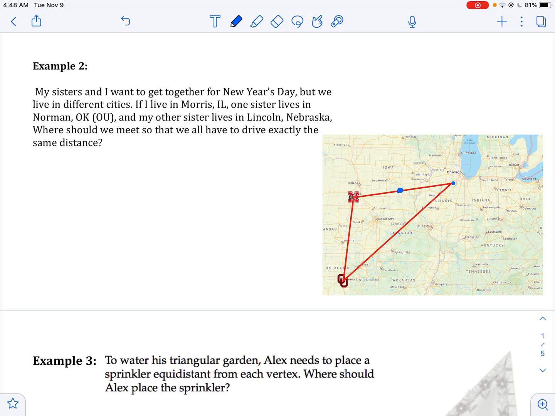And I'm just going to try to eyeball this. But I would like you to use a ruler, measure out the midpoint, and then I'm going to draw the perpendicular lines through my midpoint.